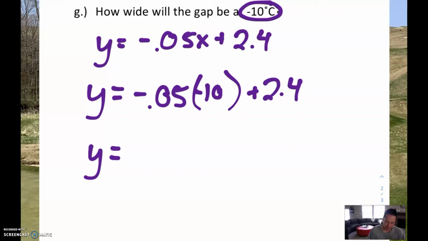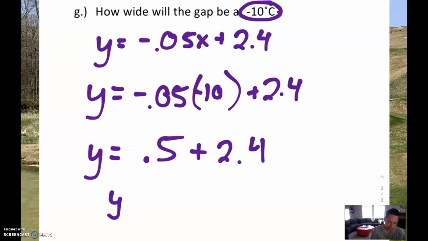And we have negative 0.05 times negative 10. That gives you a positive 0.5. When you multiply two negatives, it makes a positive. And then we add the 2.4. If you simplify 0.5 plus 2.4, it is 2.9. Units there are going to be centimeters.